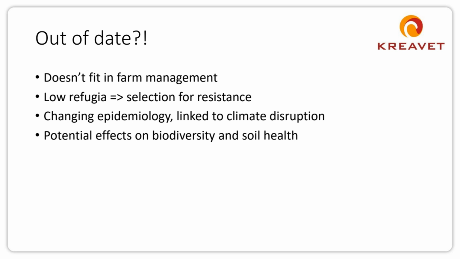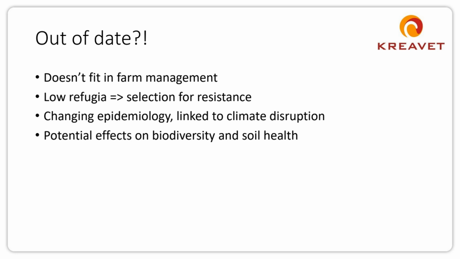And further, there are other reasons. They are no longer recommended because they can exert a high selection pressure for resistance, because if you treat in the beginning of the grazing season, well, there is a low refugia, pasture contamination can be considerably low, and so you can select for resistance. Another reason is a changing epidemiology.